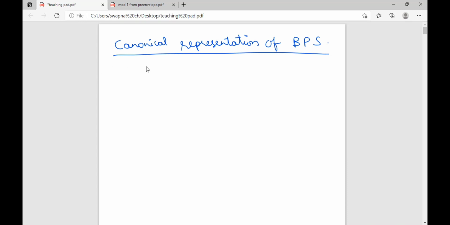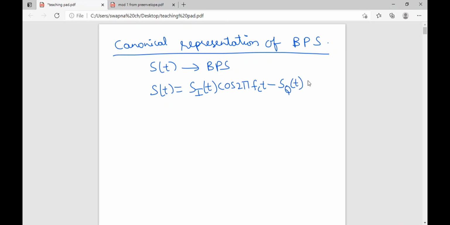Finally, if S of t is a bandpass signal, then we have represented S of t in canonical form, which will have the in-phase component and the quadrature component, as Si of t into cos 2 pi fct minus Sq of t into sine 2 pi fct. This is what we have derived in the last class.